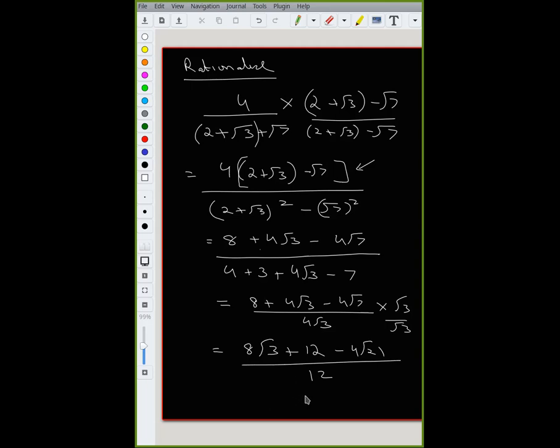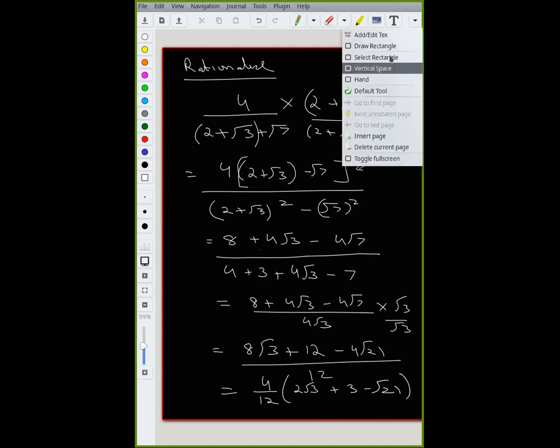Okay, so I can take out 4 outside, so I can get 4 by 12 upon 2 root 3 plus 3 minus root 21. Everyone clear so far?